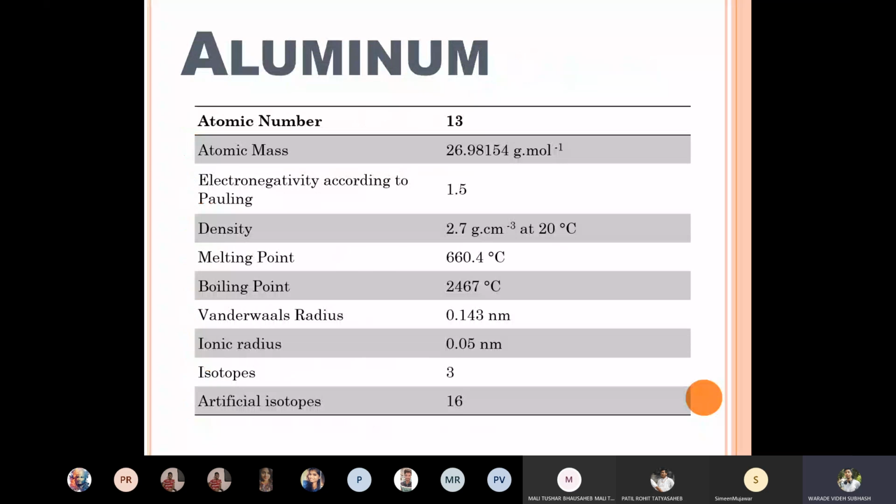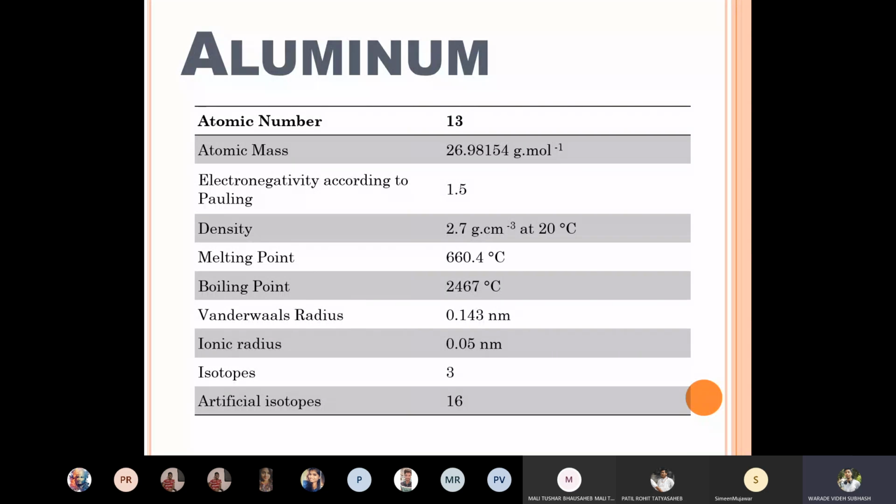The next topic is aluminium. Aluminium has atomic number 13 and atomic mass 26.98154 grams per mole. Electronegativity according to Pauling is 1.5, and the density of aluminium is 2.7 grams per cubic centimeter at 20 degrees Celsius.